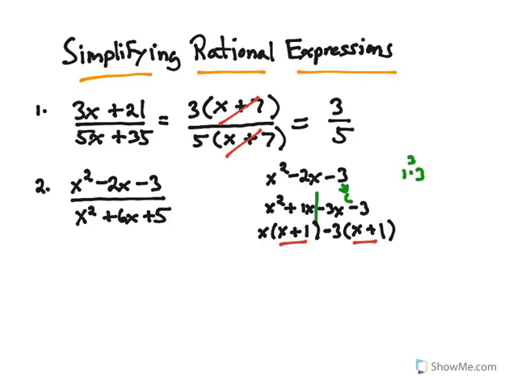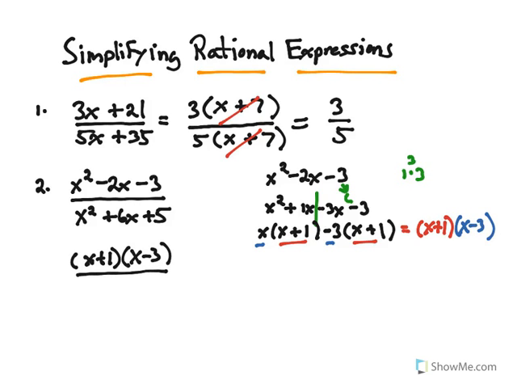So my two factors will be x plus 1 because they appear on both sides. And then what's not in my parentheses, which is x and negative 3, goes here: x minus 3. So I can literally replace the numerator now with x plus 1 times x minus 3.